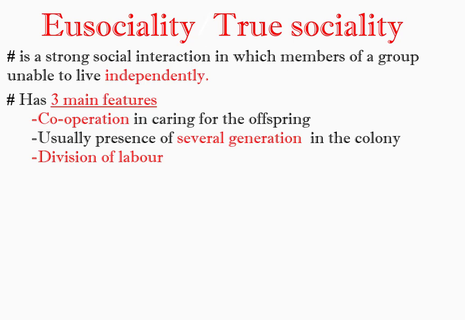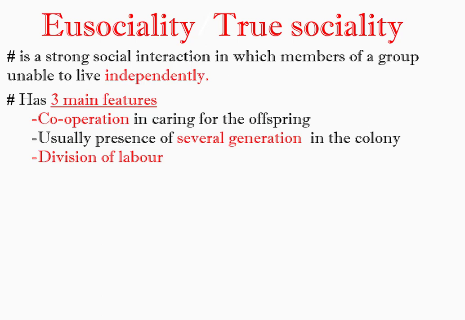The first is that there is cooperation in caring for or looking after the offspring. In this case, many individuals cooperate to take care of the offspring of one member of the group or colony.